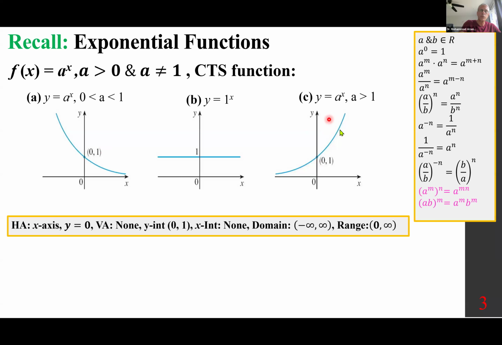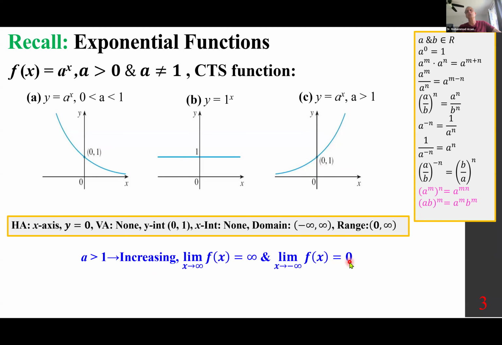So what's the difference between these two? If a is larger than 1 here, it's an increasing function, which means the limit of f of x as x approaches infinity is infinite. That means the first quadrant: x gets larger, so does y. But the limit of f of x as x approaches negative infinity approaches the x-axis, or equals 0.